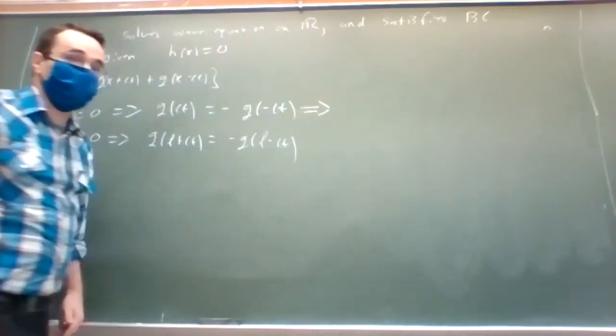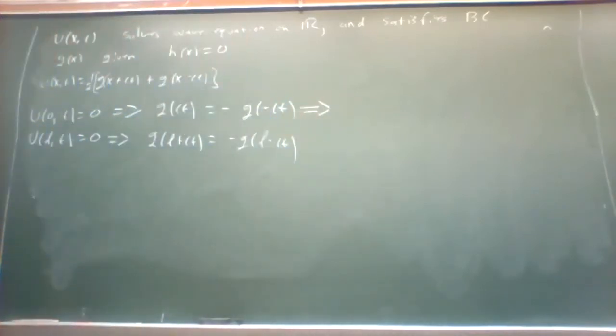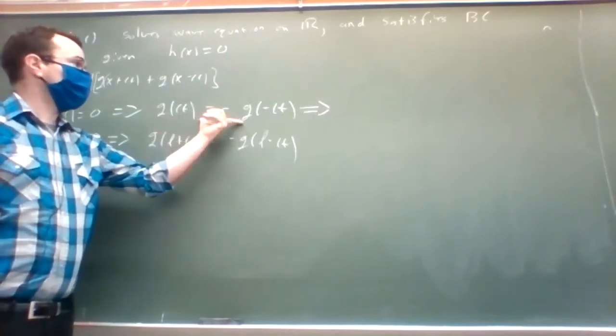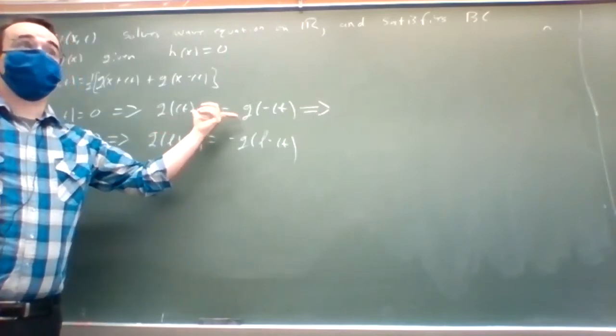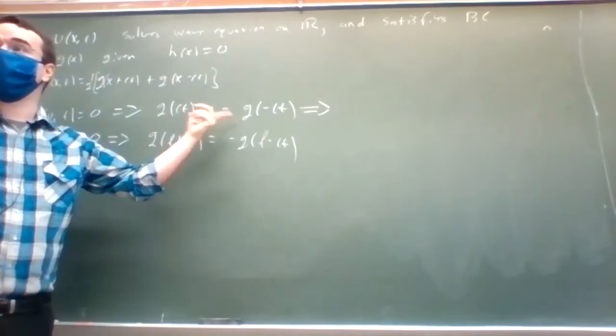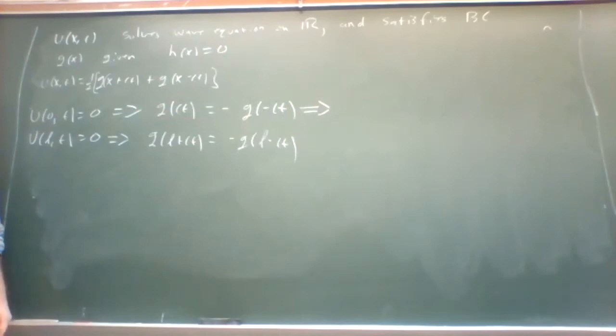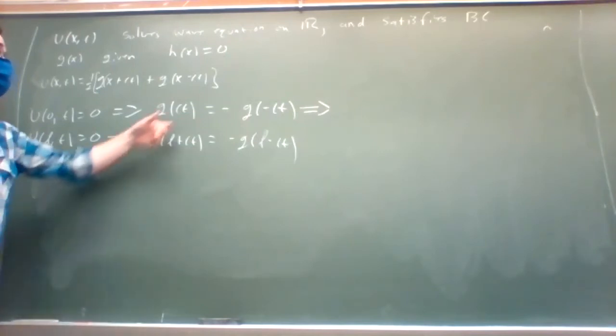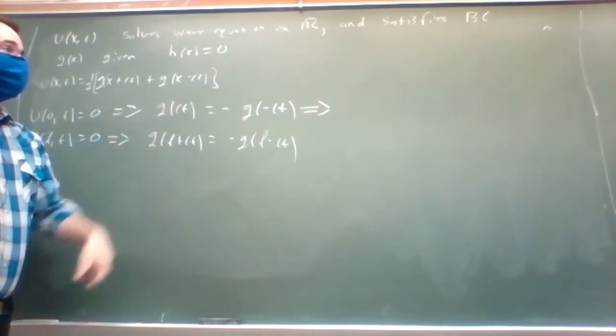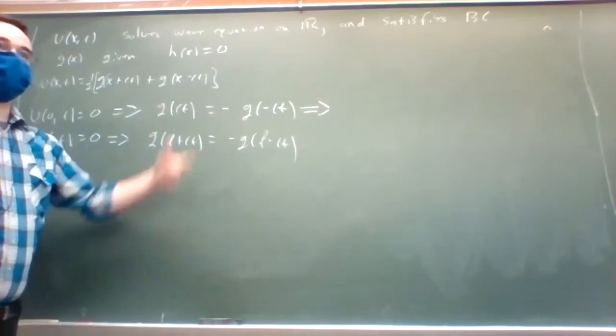So first, from the class, does anybody want to volunteer? This property has a name. What do we know about g from this property, given that this has to work for every t? Yeah, it's an odd function. You could change the variable like s equals c times t, and then you've got the definition of an odd function.